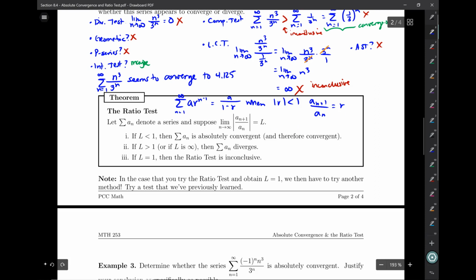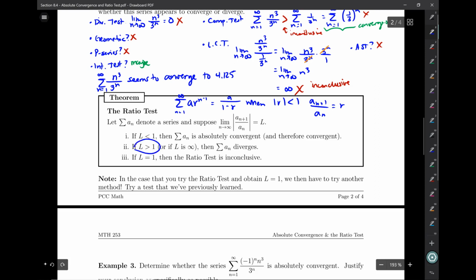And if that is less than 1, then the series converges. Notice that since we're doing the absolute value here, then we can actually state with the ratio test whether a series is absolutely convergent and therefore convergent. If L is greater than 1, then remember that the geometric series diverges when the absolute value of r is greater than 1.